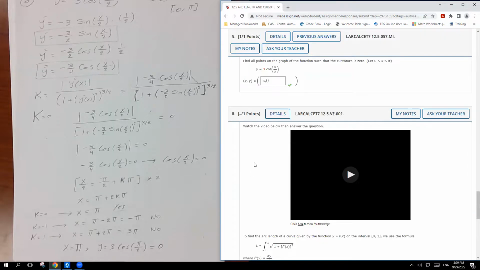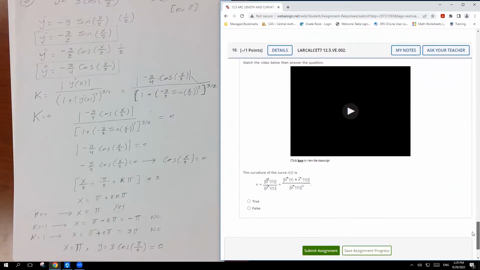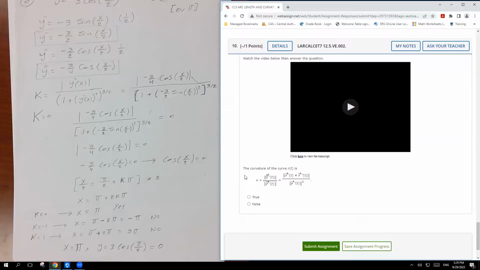For the last two, they're just telling you that if you check the slides, the arc length, you can use this formula on the interval. And for the second one, they're telling you the curvature, which is what we used if we have the curve.